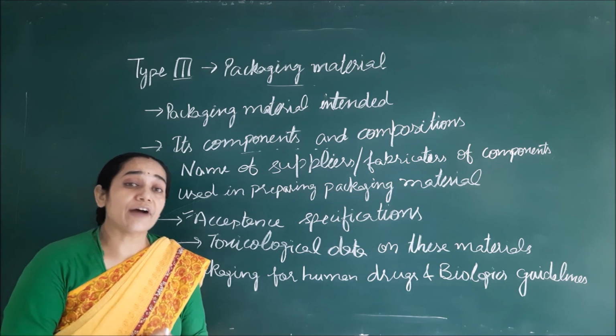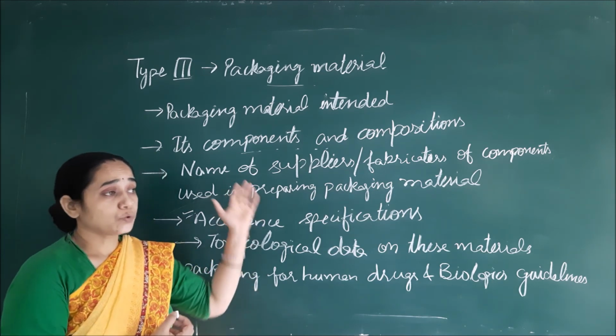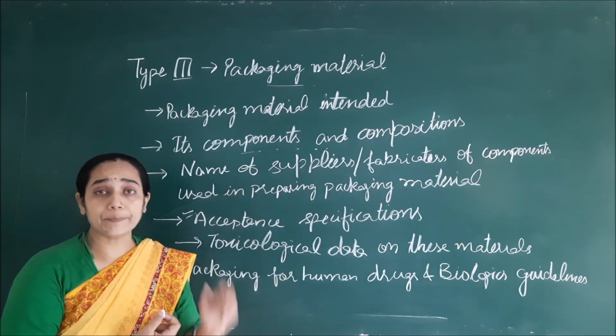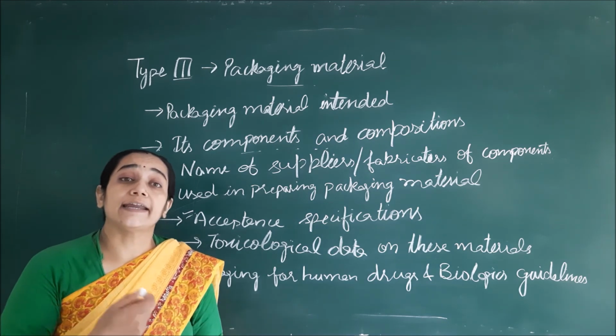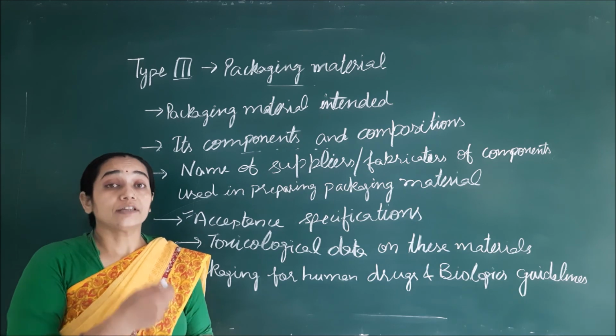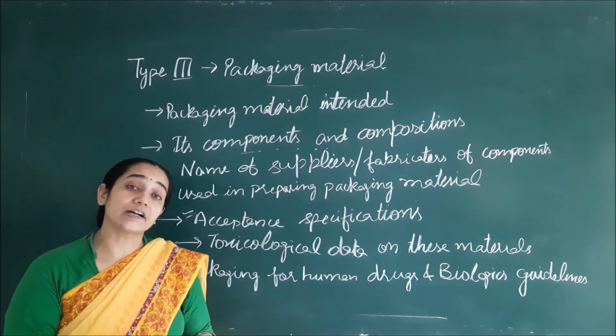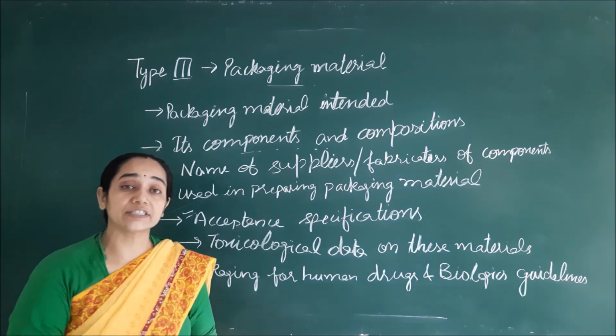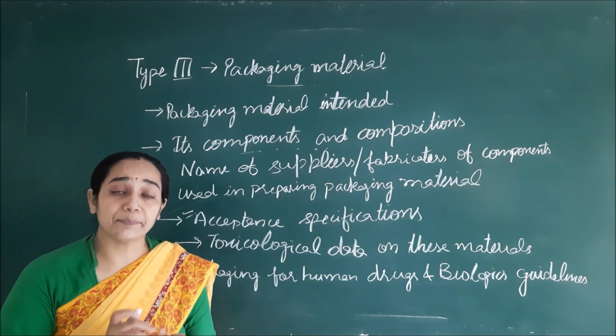For example, if we are using glass containers for packaging of our product, what is the rate of leaching of the components, like the alkali leaching rate, or what is the probability that my drug component is going to adsorb over the surface? Then there should be an acceptance limit.